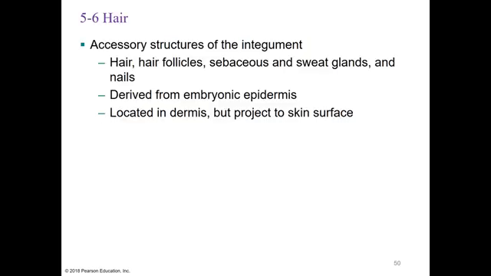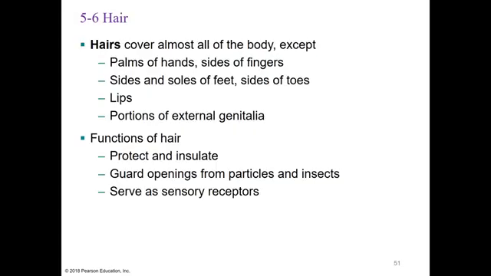Okay, so next we're going to look at the accessory structures of the skin, like the hair follicles, sebaceous and sweat glands, and nails. They're derived from the embryonic epidermis, located in the dermis, but project to the skin surface. So let's start with hair.